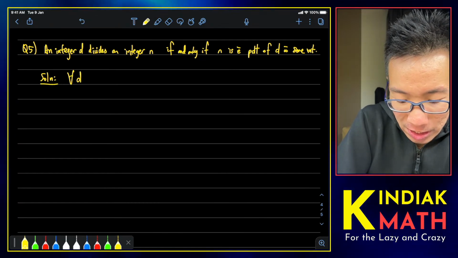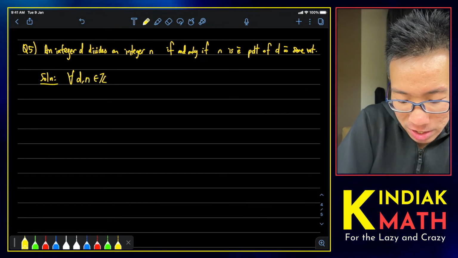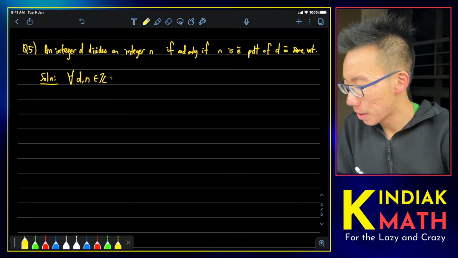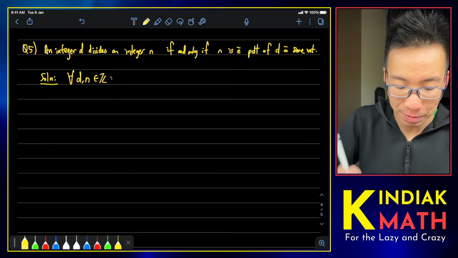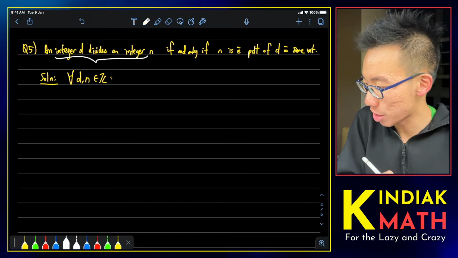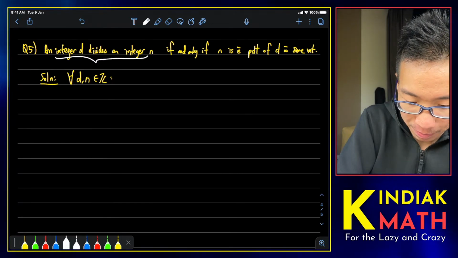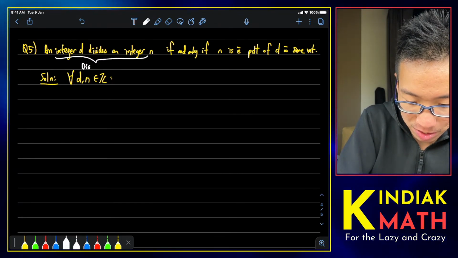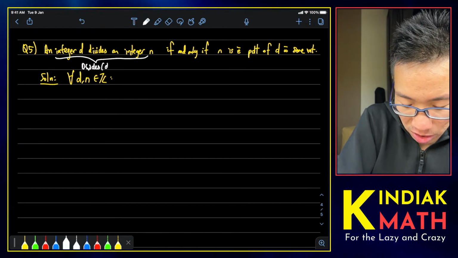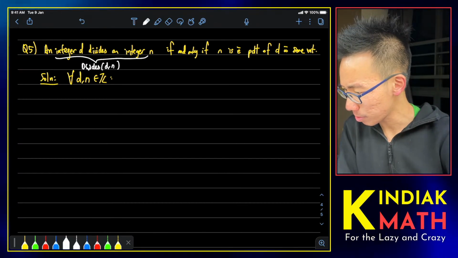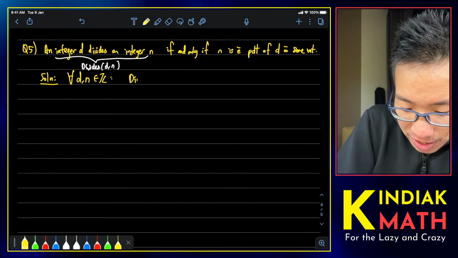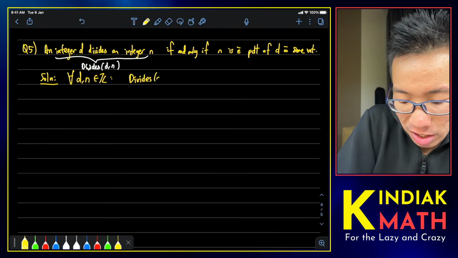For any d and n integers, we say that d divides an integer n, and just for this question, we're going to note it by divides(d, n).